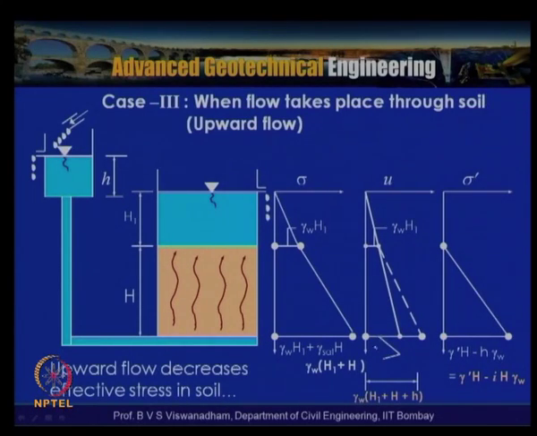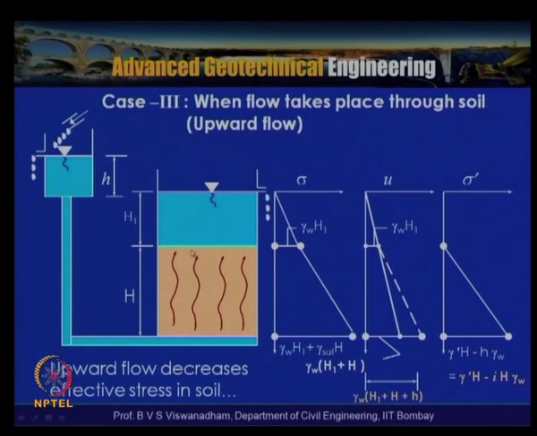The total stress, if you look into this, again remains the same, gamma W H1 plus gamma sat H. But here the pore water pressure without any flow is gamma W into H1 plus H. But now what is happening is that the head available here is small h, the head available here is 0.